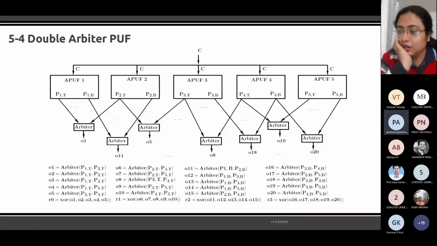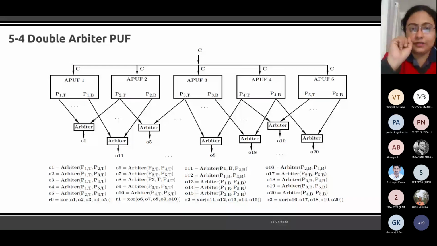Ma'am, linear feedback shift register, are you using it for all 5 PUFs? No, I'm just using one LFSR. Yeah, one LFSR. How many bits, ma'am? 32 or 64 bit? 64 bit. So according to 64, ma'am, 2 to the power 5.